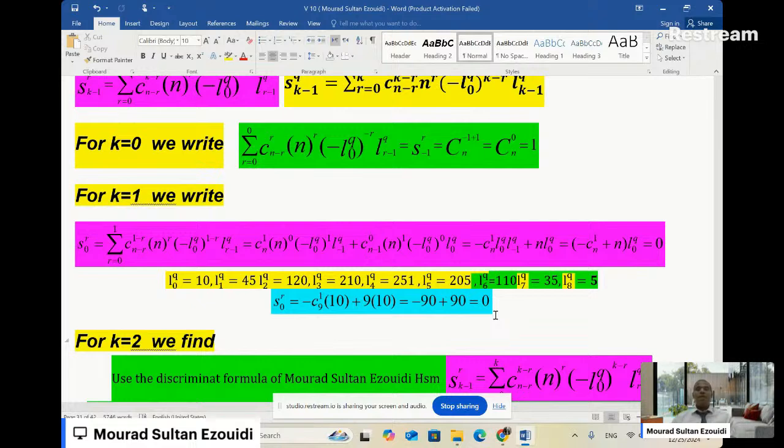And then you will notice that all the coefficients are different from 0, except a 0 for the r, which is equal to 0.